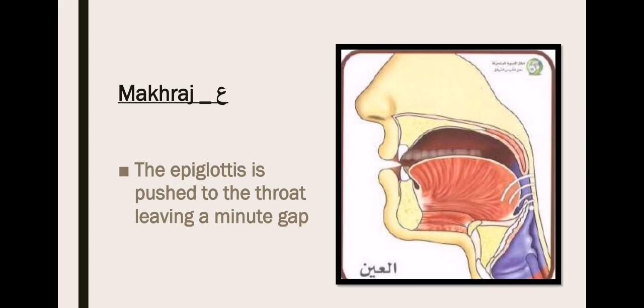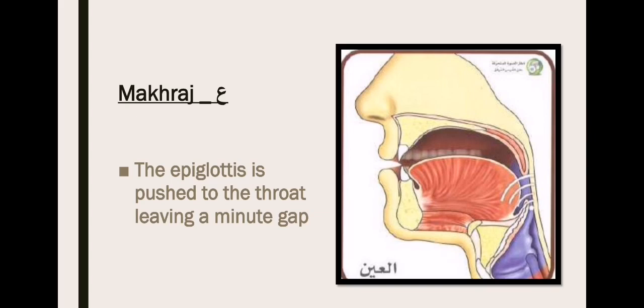How ayn produces 2 different letters, that we are going to discuss. First we will take the letter ayn. The ayn is produced when the epiglottis is pushed almost 90%. Very narrow gap will be left. A very minute gap is left when this epiglottis is pushed towards the throat.